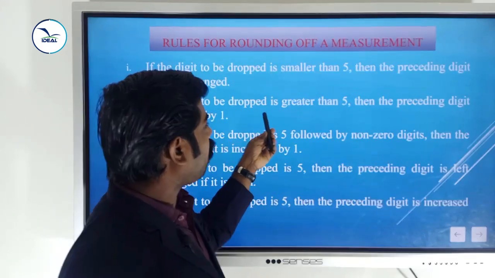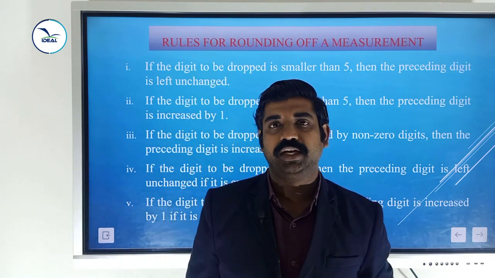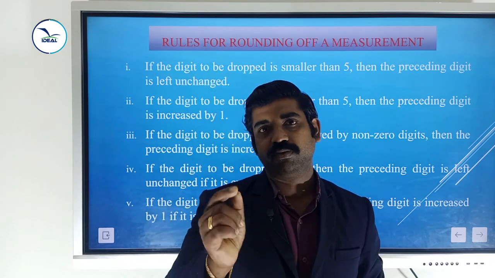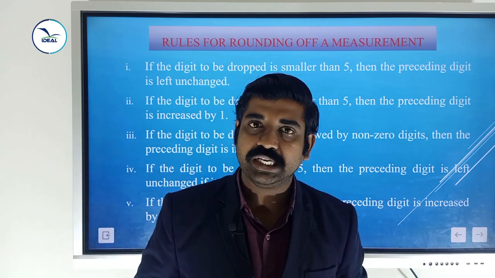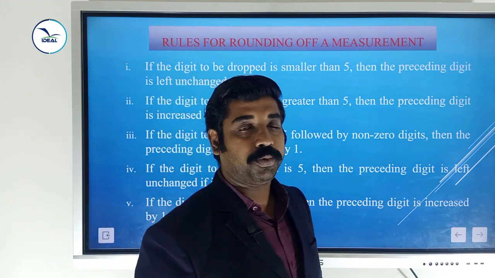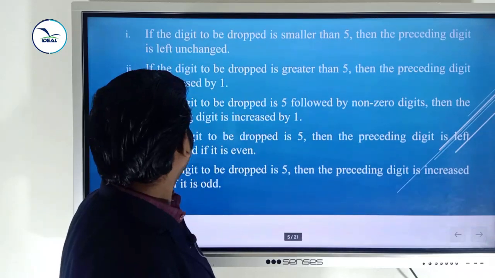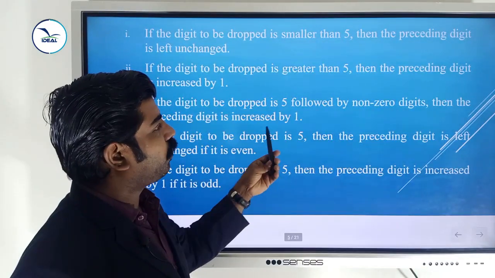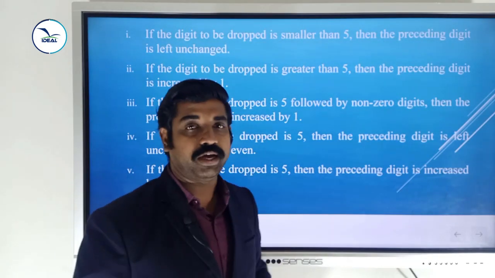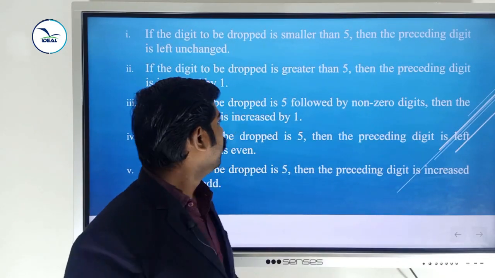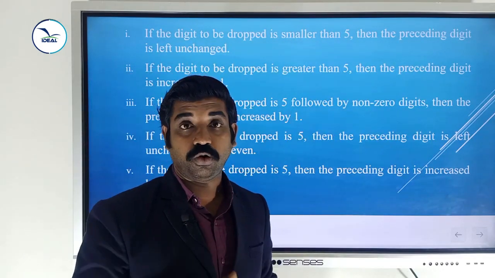And if the digit to be dropped is greater than 5, say it is a 6, like 1.76, I want to round it to one digit, so 1.76 can be rounded as 1.8. Okay, 1.8. Then if the digit to be dropped is 5 followed by a non-zero digit, then the preceding digit is increased by 1.